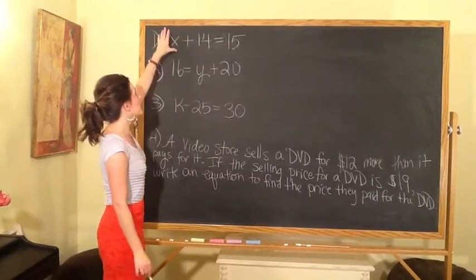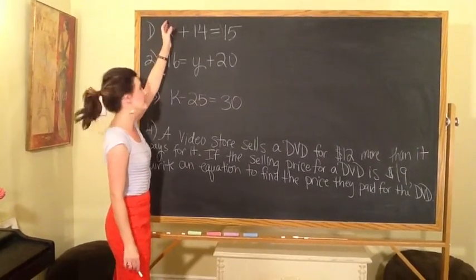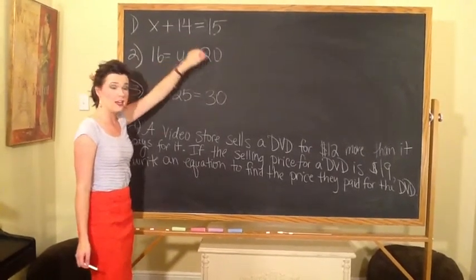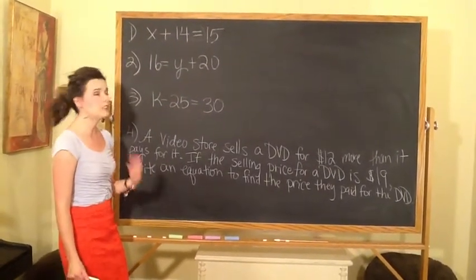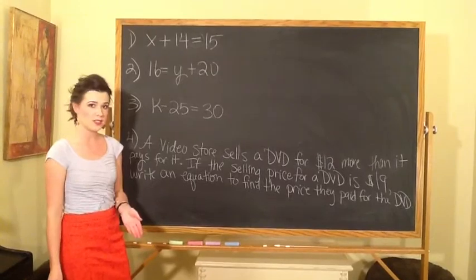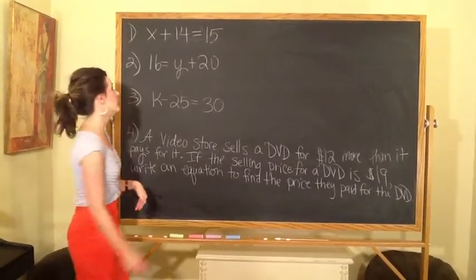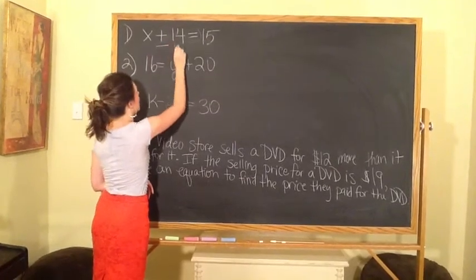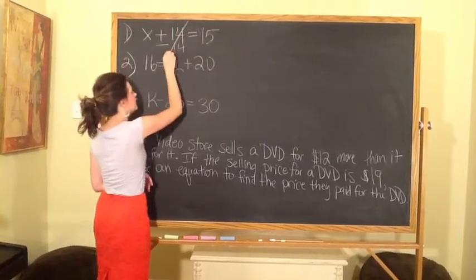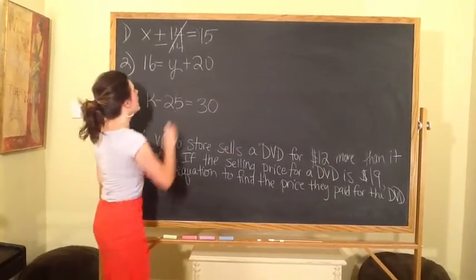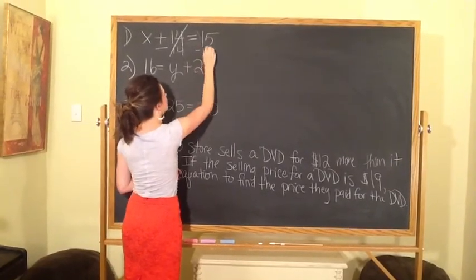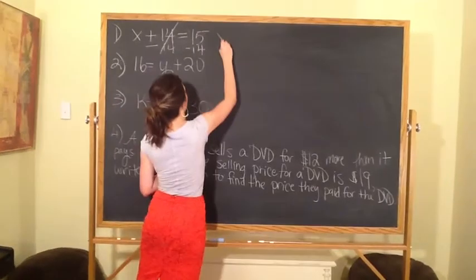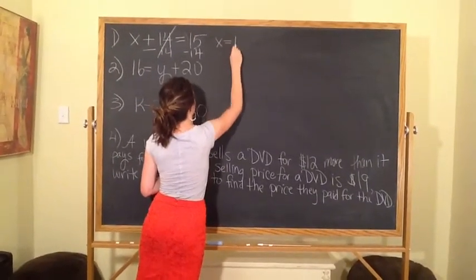If I want to solve for just x by itself, I need to get rid of the 14. In order to do this, I'm going to use the inverse operation of 14, so that 14 will be canceled out. Instead of adding 14 over here, I'm going to take away 14, which will cancel this out. It will give me 0. And I'm going to subtract 14 from this side. So my new equation looks like x equals 1.